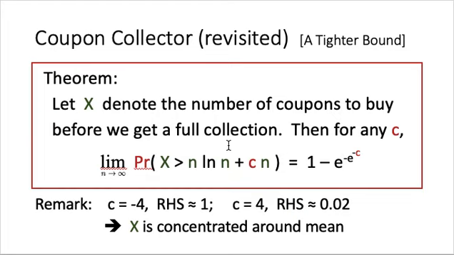So what does that mean? It means that in most of the cases, the total number of coupons that we actually need is close to the mean value, n times h of n, plus or minus 4n. Okay, now let us focus on how to show this result.